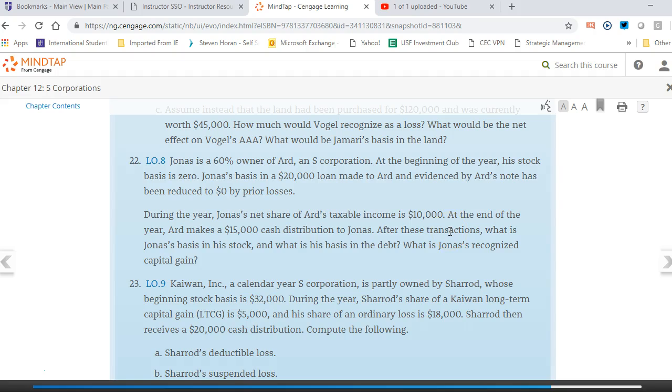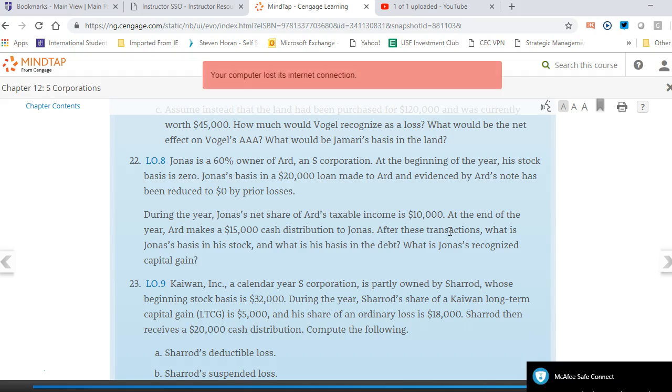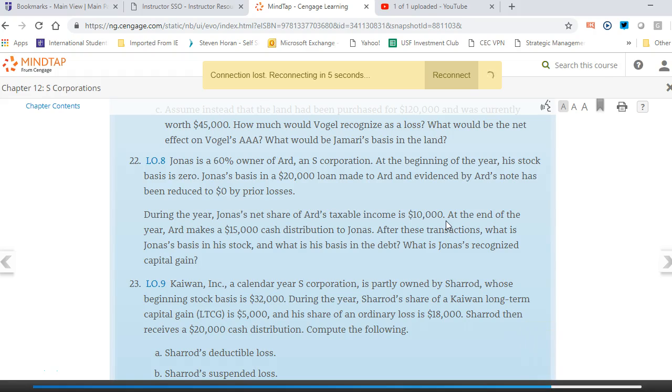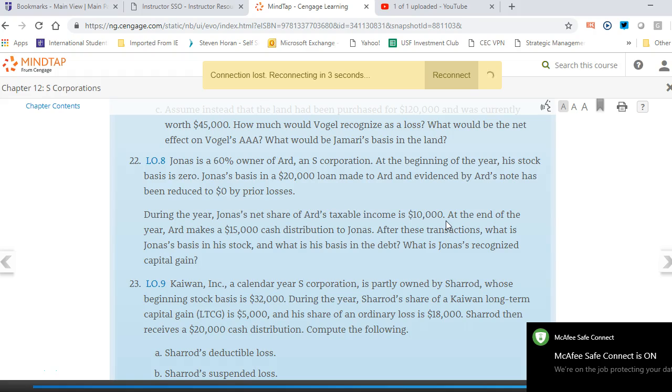So remember that basis can never go below 0, but the shareholder's debt basis is reduced when loss is greater than the stock basis. Here the stock basis increases by 10,000 of income, which is taxable to the shareholder because their basis is 0. But the $15,000 distribution reduces the basis back down to 0.